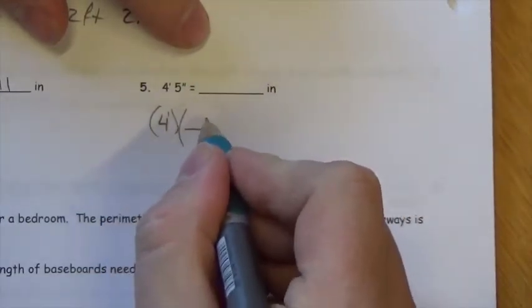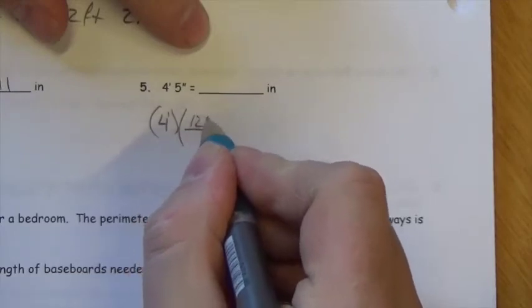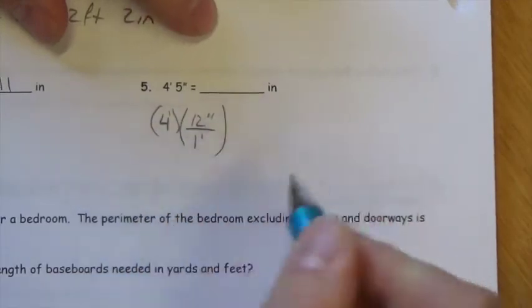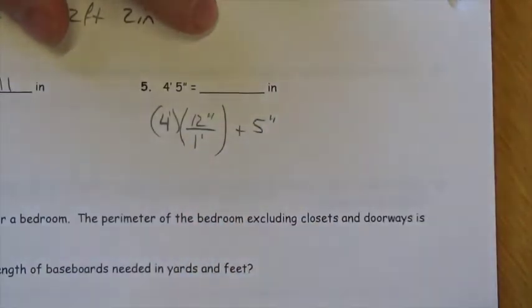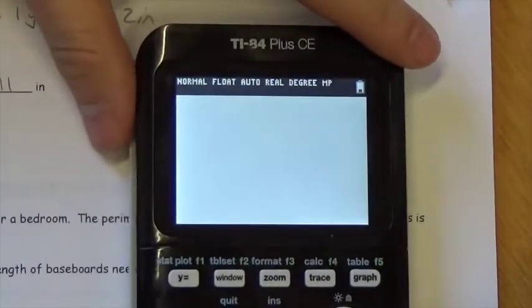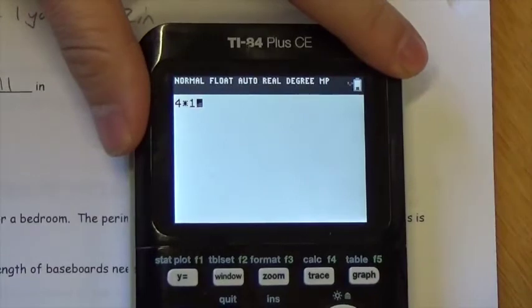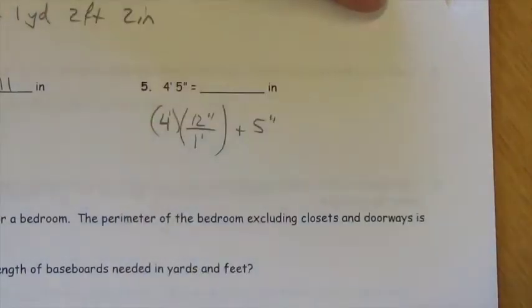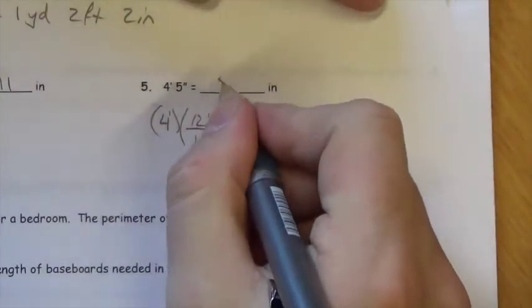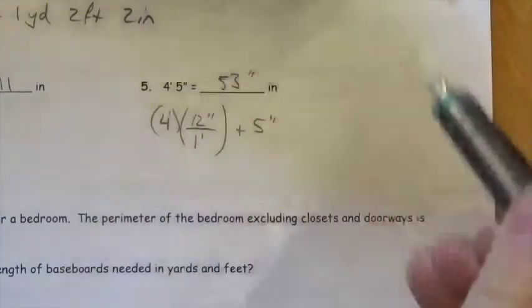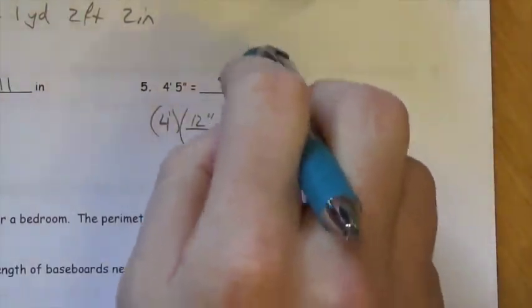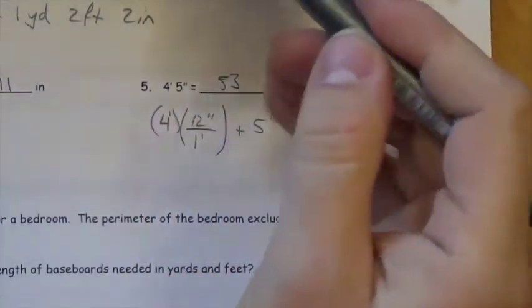I want this to be in inches, so it'll be 12 inches for 1 foot, and then I'm going to add the 5 additional inches that I've got left over, so this will be 4 times 12 plus 5, and the answer is 53. So 4 feet 5 inches is 53 inches. Oh, I don't need to do that because I've already got the inches in there. 53 inches.